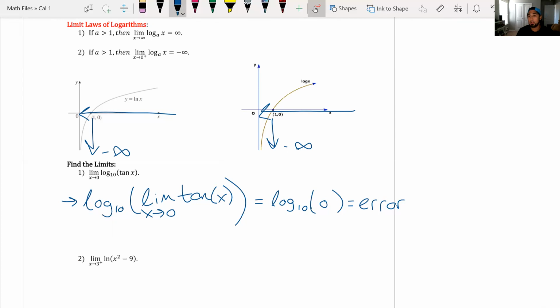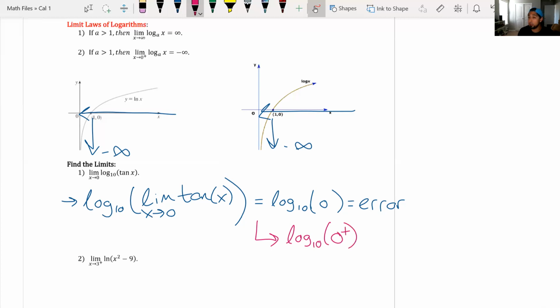So what we're going to have to do here is do just a tiny little fix. Instead of saying log base 10 of 0, we know that if you plug in 0, you'll get an error. So we're going to assume that as x approaches 0 on the tangent function, we are then approaching the log function at 0 from the right. So all I'm going to do here for our fix is say log base 10 of 0 from the right.